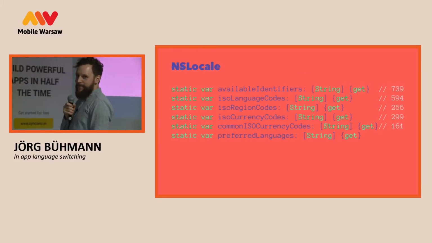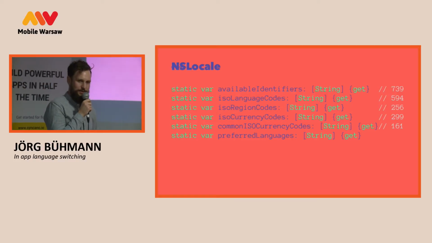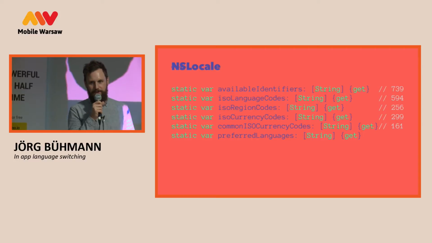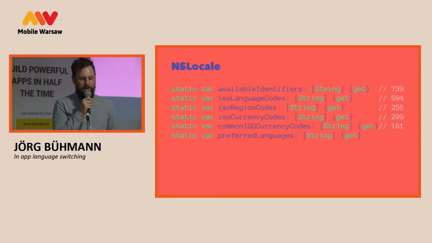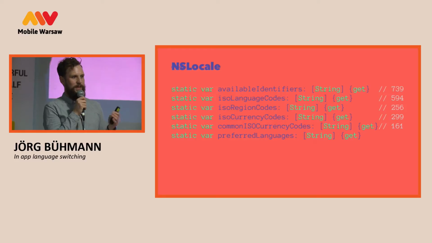So I'm an iOS programmer, so that's the API I use to deal with localization. It's called NSLocale, or if you're a Swift 3 user, it's just Locale. These are just constants that are in there. So ISO language codes, which are like DE for German, EN for English, PL for Polish.